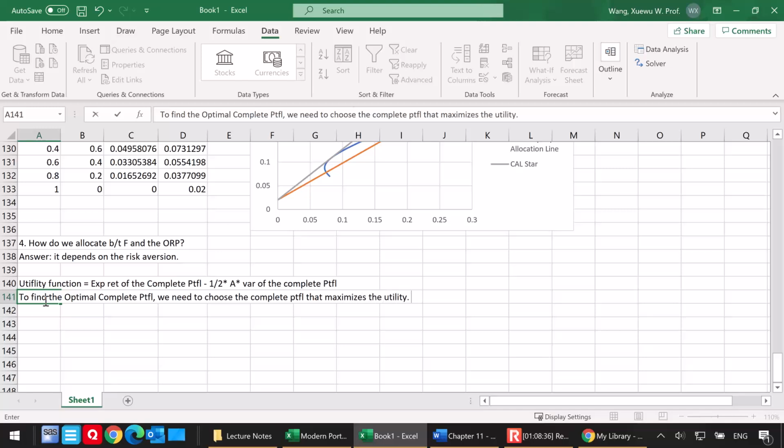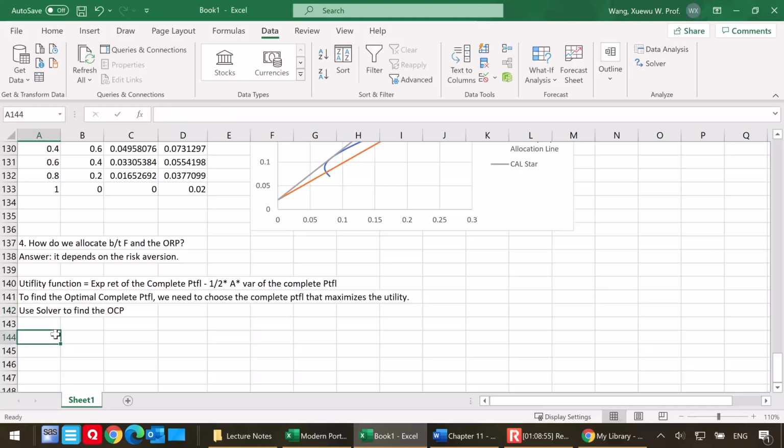All right, in other words, you derive the highest utility, and that's going to determine how much you want to allocate to risk-free, how much you want to allocate to the optimal risky portfolio. All right, so I'm going to use Solver to find the OCP here. Okay, so optimal complete portfolio. All right, so I'm going to guess the weight on risk-free asset and the weight on ORP.